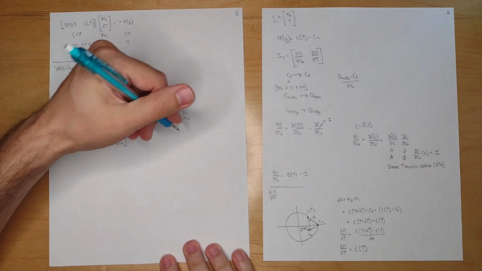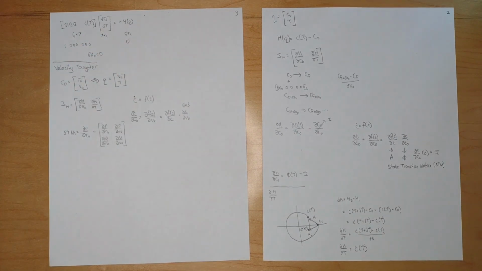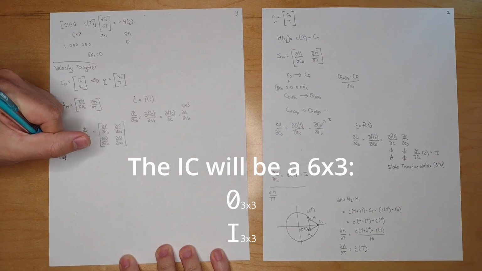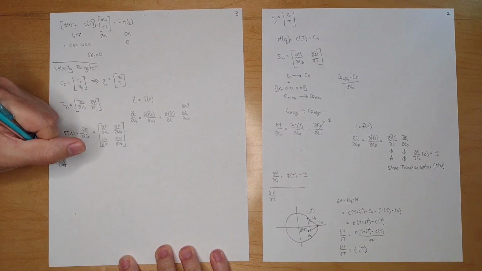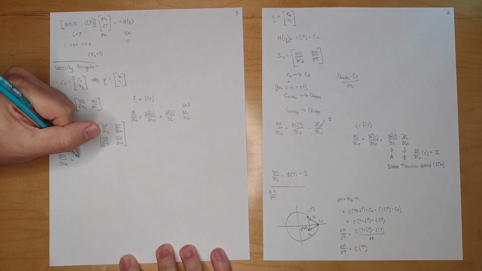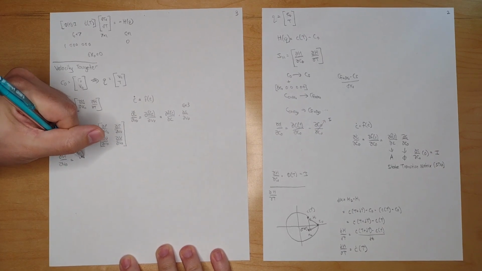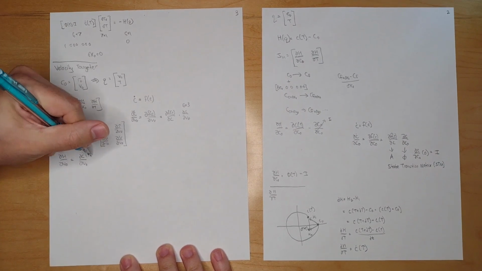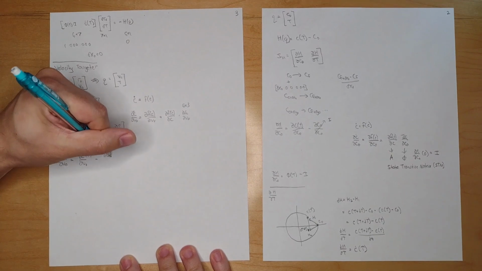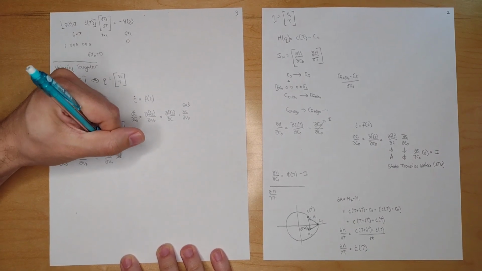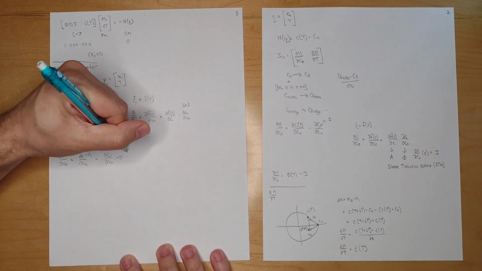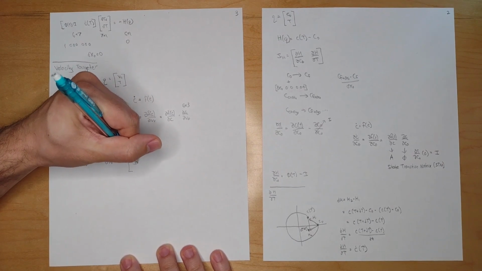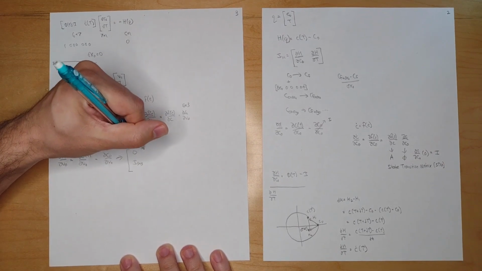Note also that the initial condition for this thing would be a little bit different. Note also that when we take the full derivative of h with respect to v0, we're going to get dc/dv0 minus dc0/dv0, and this one, instead of being the identity matrix, ends up being a 6x3 matrix that has 0 on top and a 3x3 identity matrix on the bottom.